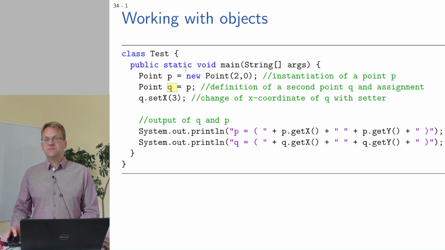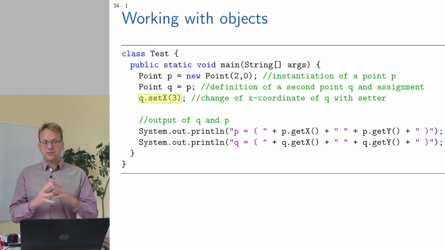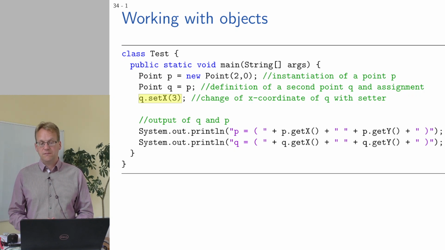And now it's no surprise anymore that if we say, for example, q.setX(3), so we would like to set the x coordinate of point q to 3, then this will not just change the x coordinate of point q, but at the same time it will change the x coordinate of point p as well.